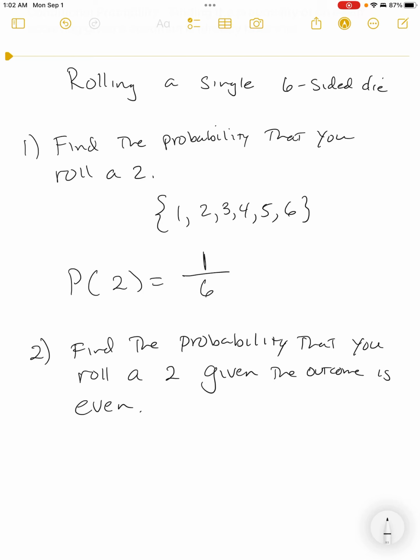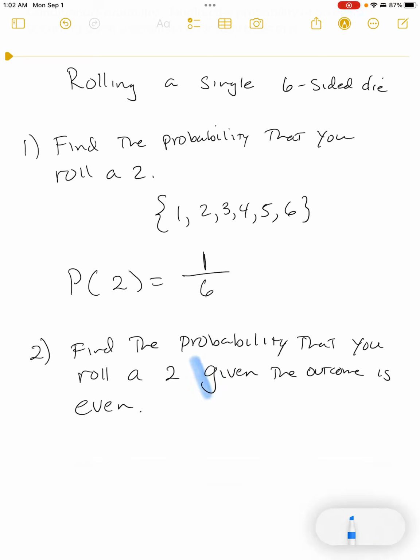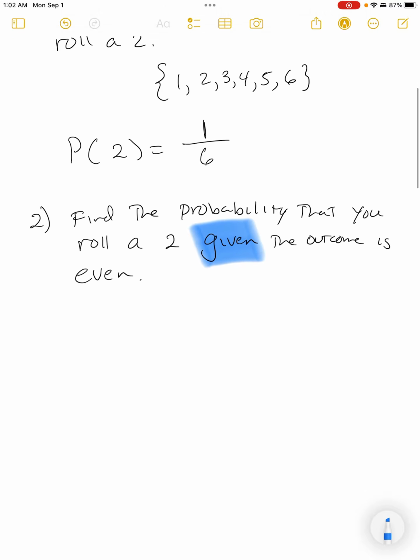So take a pause there, because what was added was that last part, but really specifically this word right here, given, is the one that tells us we're dealing with conditional probability.